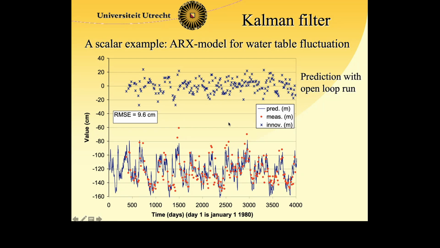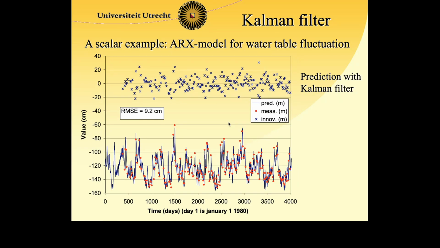And if we do an update every 15 days, we can see that we're doing better. Yeah. So whenever we have an observation, we update the model prediction and get a better initial condition also for the next forecast, and therefore our forecasts are also more accurate.